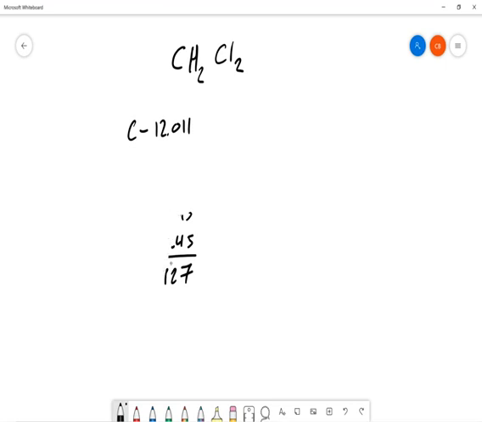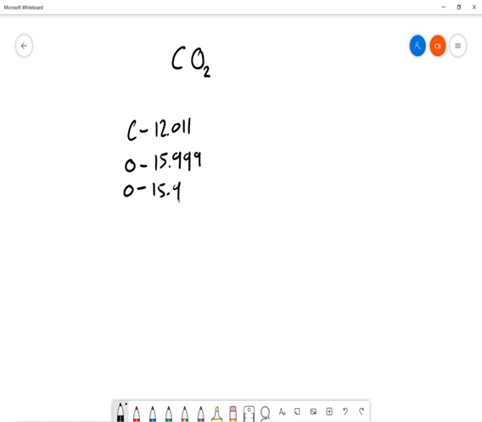carbon, CO2, and 2 oxygens, which is 15.999, 15.999 if you look it up on the periodic table.